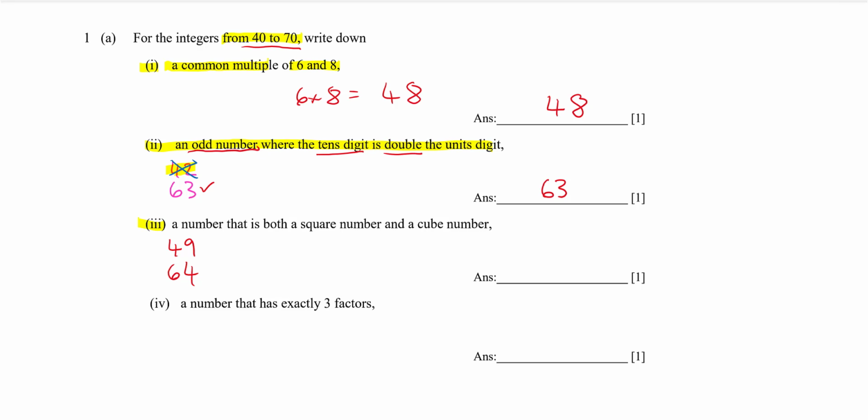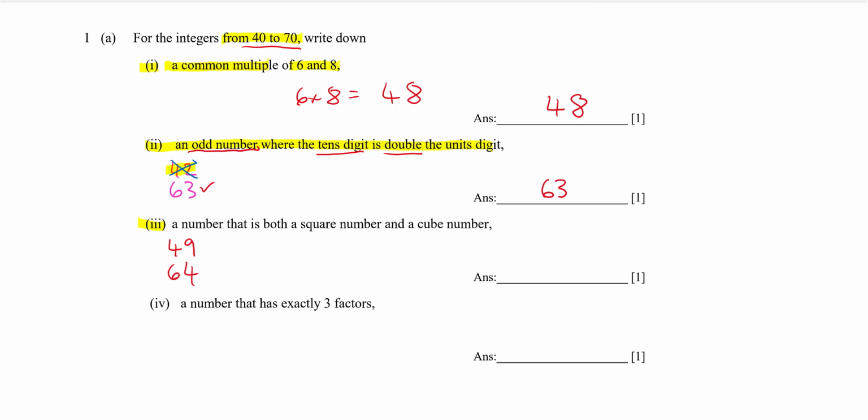If we tried 6 times 6, that's 36, which is less than 40. And 9 times 9 is 81, which is greater than 70. So our only two square numbers between 40 and 70 are 49 and 64.